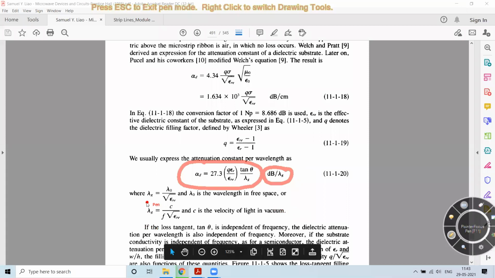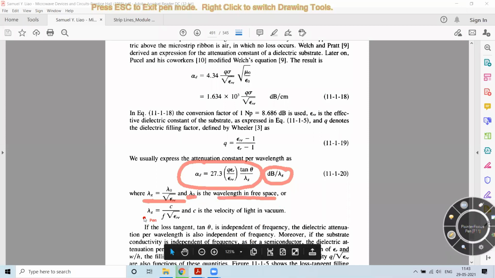So this lambda g was generally specified as the guide wavelength. This lambda g is equal to lambda naught divided by the square root of the effective relative permittivity, where lambda naught is actually the characteristic wavelength, that is the wavelength in free space.